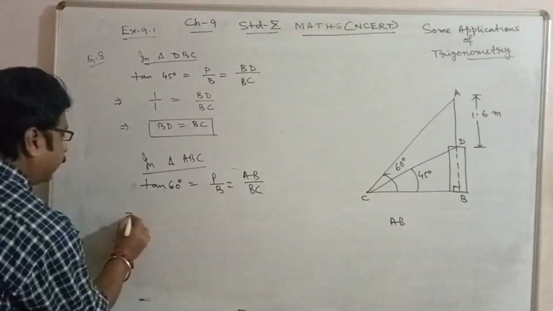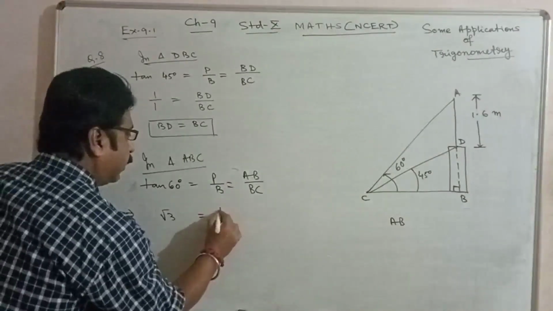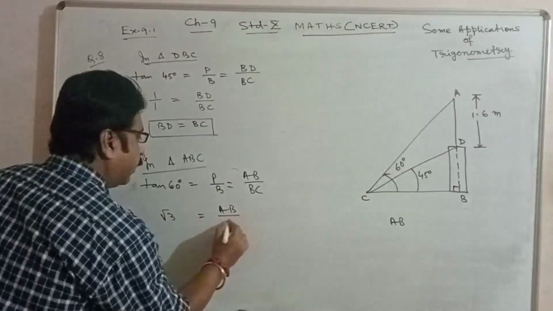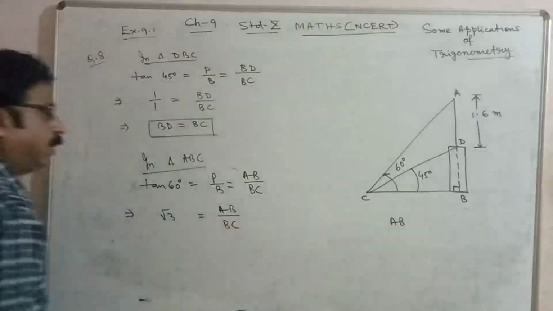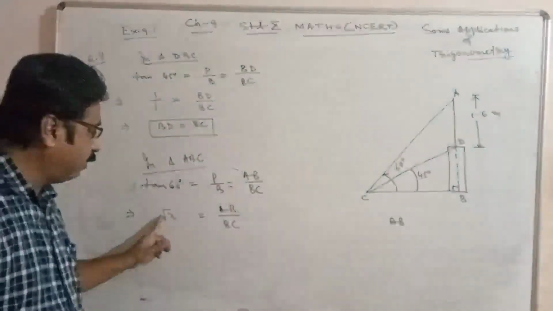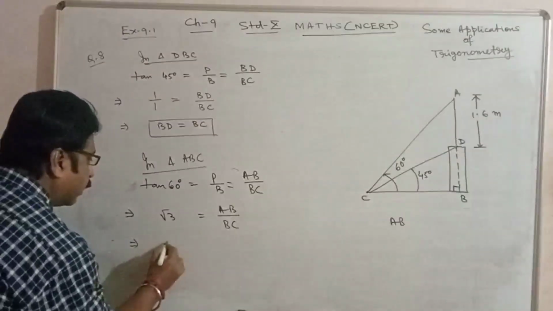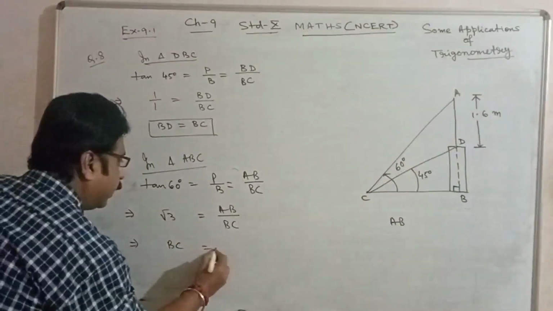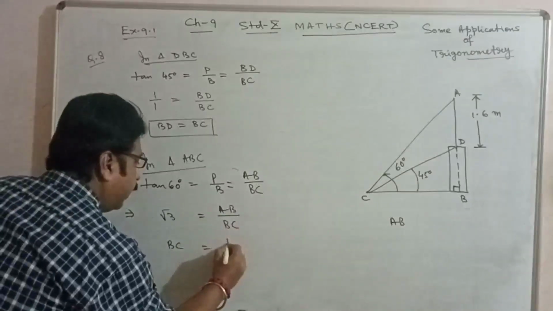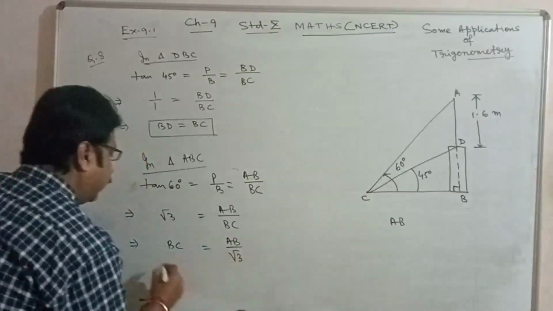Tan 60 is root 3 equals AB upon BC. Now we can shift BC here and root 3 here. BC will be AB upon root 3.